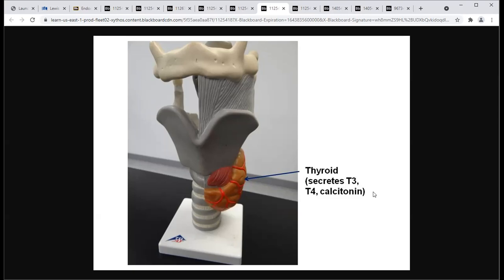Blood calcium is tightly monitored. We have to have the optimal blood calcium levels for blood clotting. You'll see this in lecture very soon. We'll need optimal calcium level in the blood to maintain proper contraction of the cardiac muscle. You'll see this very soon in lecture as well.